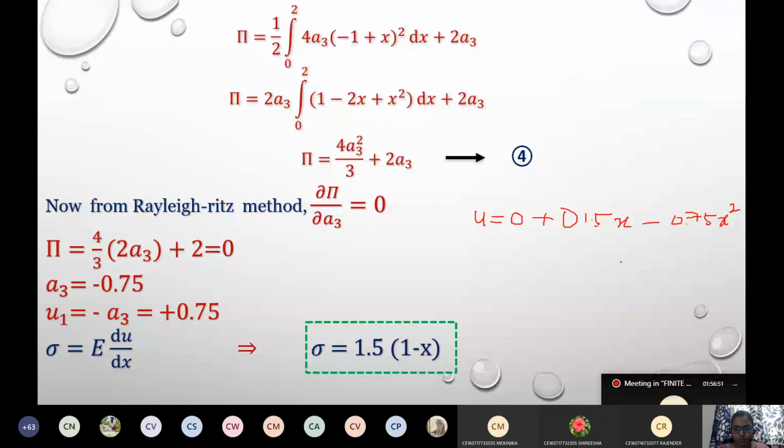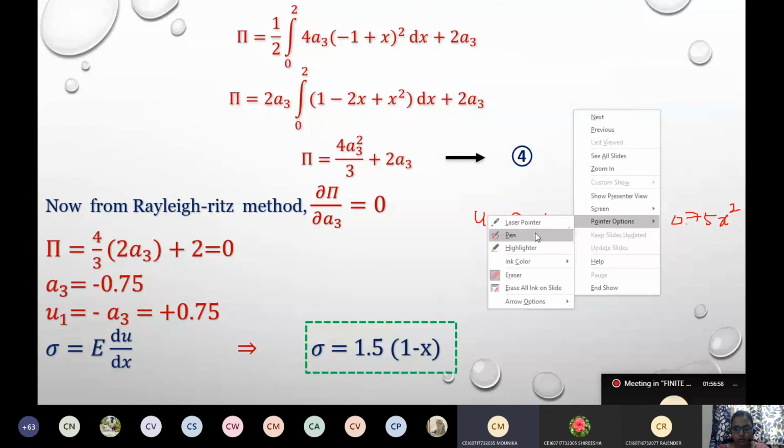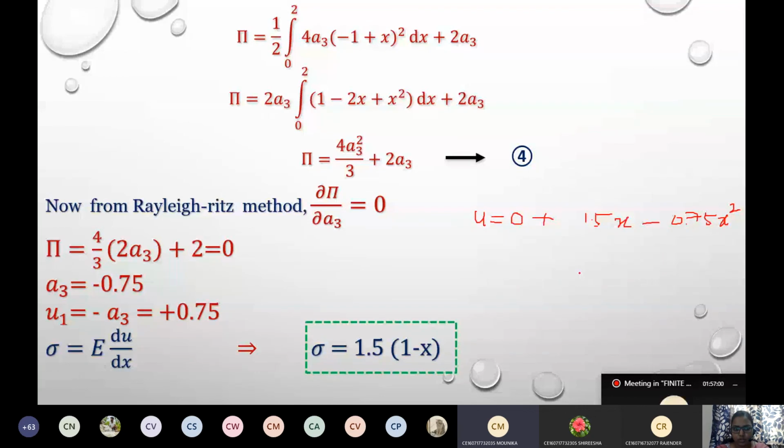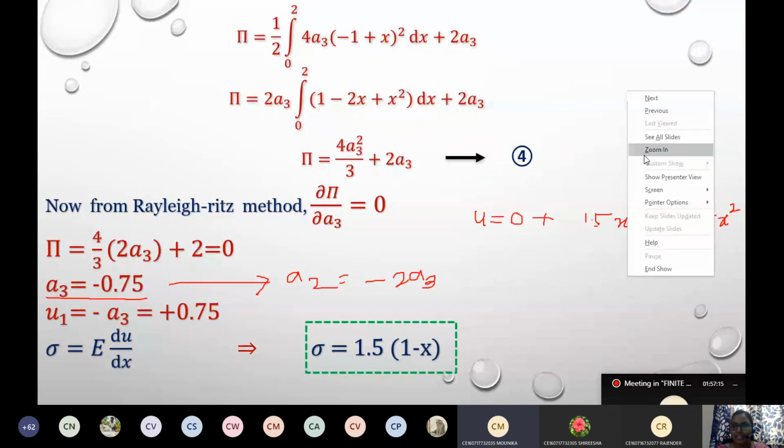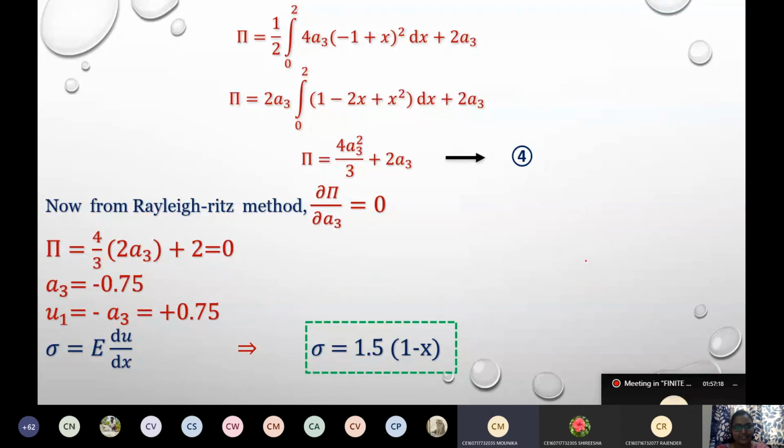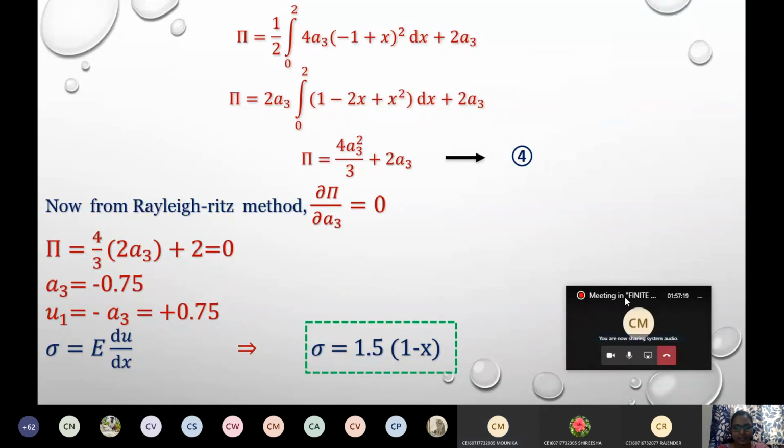This is the equation of U. A3 is minus 0.75. What is A2? Minus 2A3. So minus into minus is plus, right? Okay, ma'am. Minute mistakes.